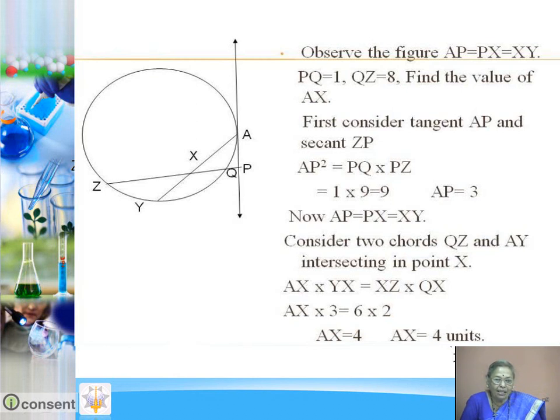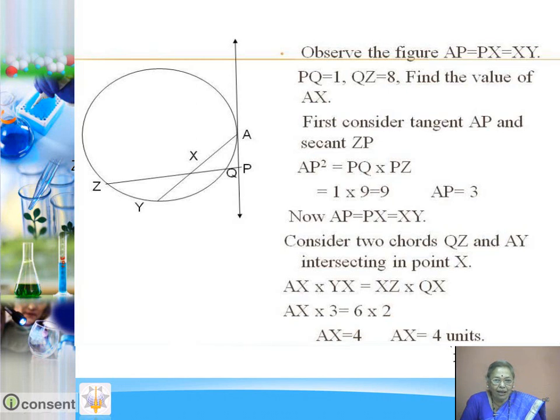Now you have to see that two chords intersect each other inside the circle. Use the property of intersection of two chords. Substitute the values and find out the value of AX. You will get the value of AX as 4 units.